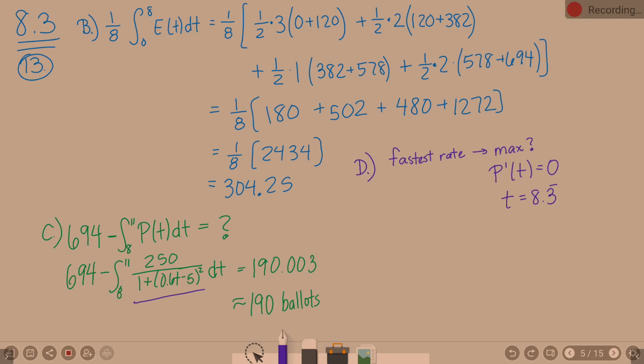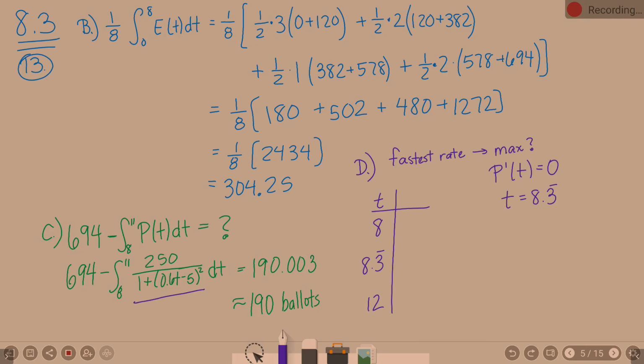This is what we just found with the 8.3 repeating. This is a critical point. And we also have to, if we're on a set interval, we have to check endpoints. Okay? So, officially, what you'll see is we have to check the endpoint of 8 when we start counting, 12 when we'll finish counting, and that critical point of 8.3333. Okay?